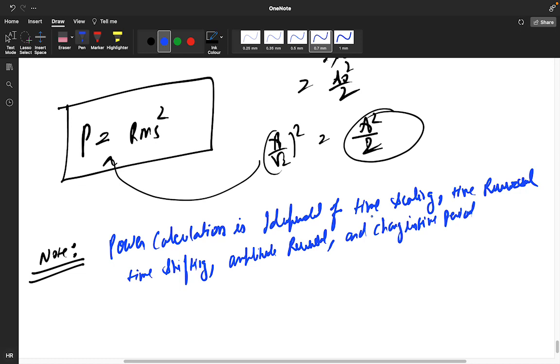So here scaling is also considered, but in energy, time scaling was not considered, or a frequency of the signal, change in time period or change in frequency of the signal.